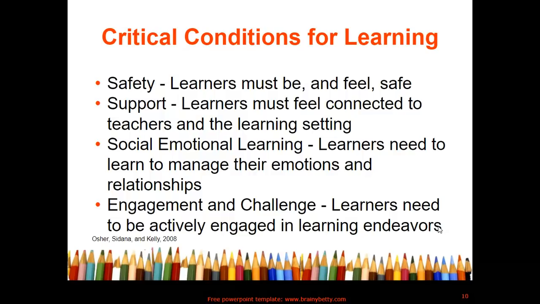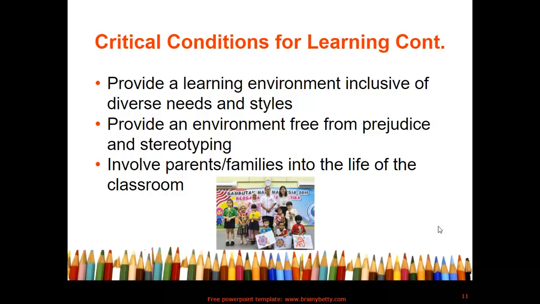Were you good at teaching social emotional learning and helping kids regulate their emotions and express themselves in positive ways? Did you engage them and challenge them? Did you provide an environment that was inclusive of their diverse needs and styles? Was your environment free from prejudice and stereotyping? And did you involve your parents and families in the life of the classroom as much as they could possibly be?